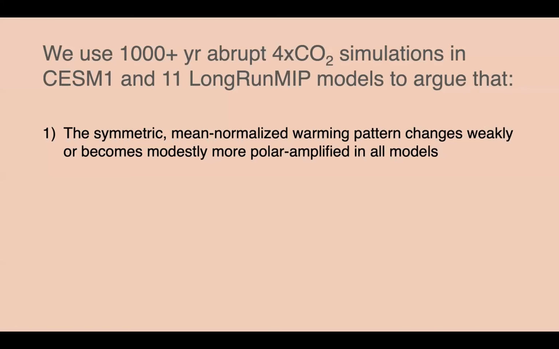We're using 1,000-year or longer abrupt CO2 quadrupling simulations in CESM1, as shown already, and 11 models from the LongRunMIP archive to argue the following. Mean normalized, so normalized by the global mean warming at any given time, the symmetric component of zonal mean surface warming changes weakly or becomes modestly more polar amplified in all models.